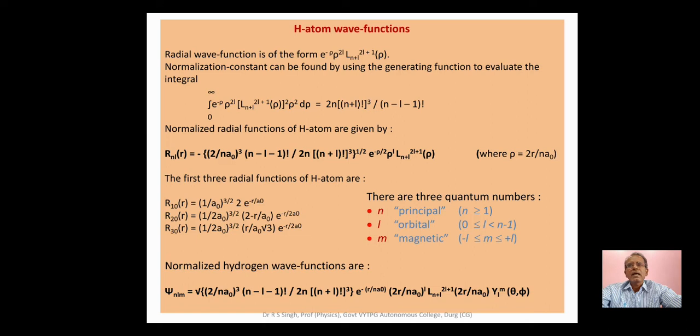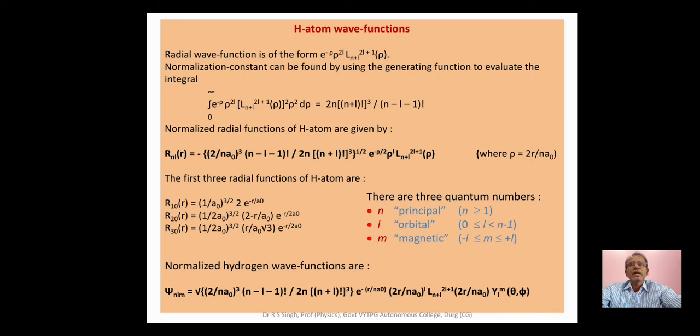Now we get normalized radial function as R n l function of small r, where n is greater than or equal to 1, L is greater than or equal to 0 but less than or equal to n minus 1, and m is greater than or equal to minus L and less than or equal to plus L.